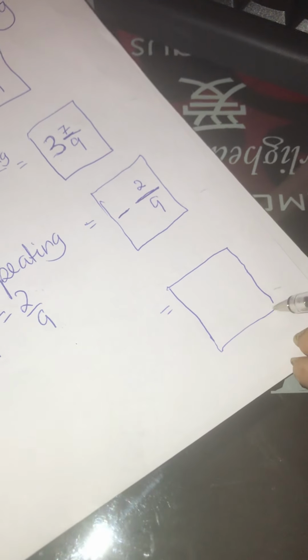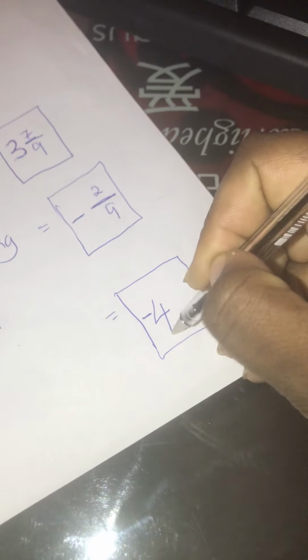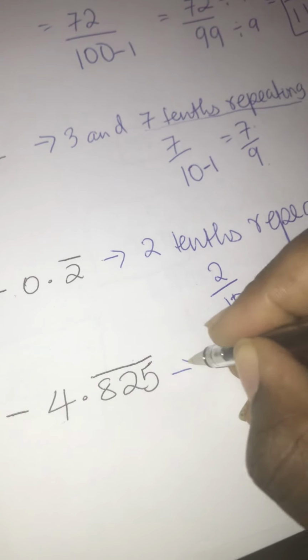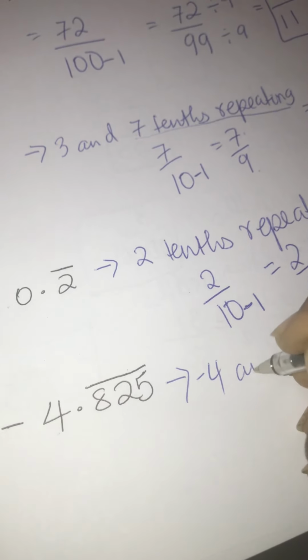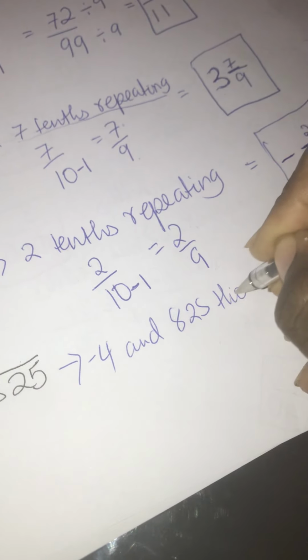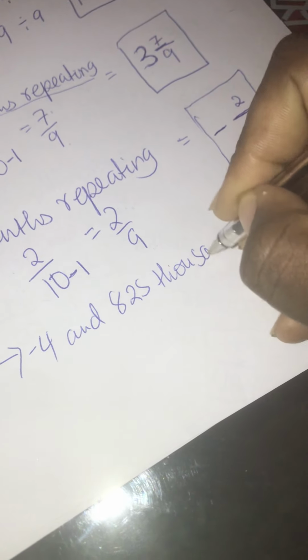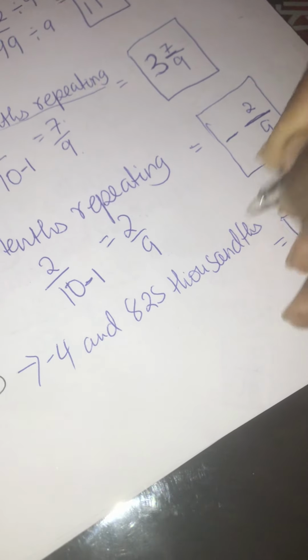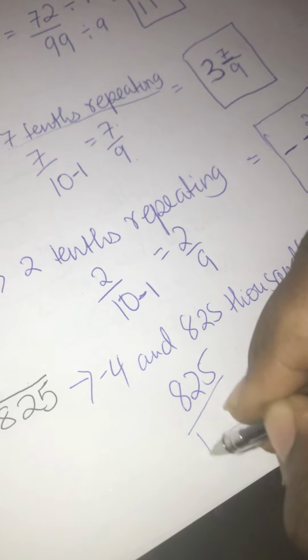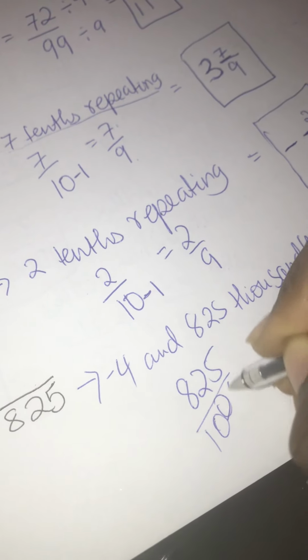I put negative, and since there's a whole number, I'm going to put the whole number there, and then I'm going to make my fraction. Then I'm going to write 800, so this is negative 4 and 825 thousandths. So this is 825 over 1000.